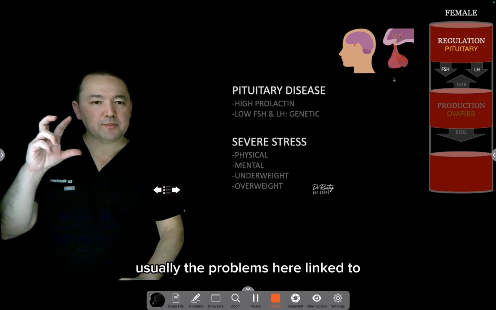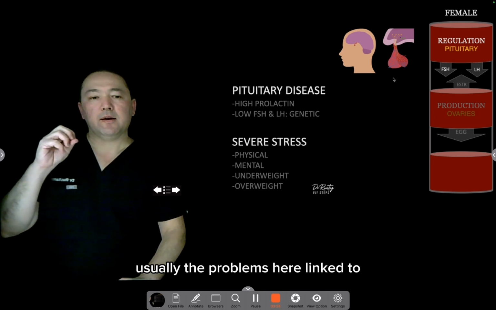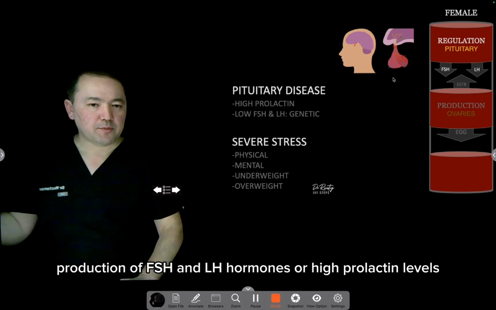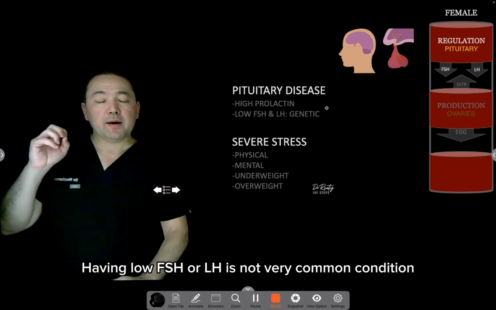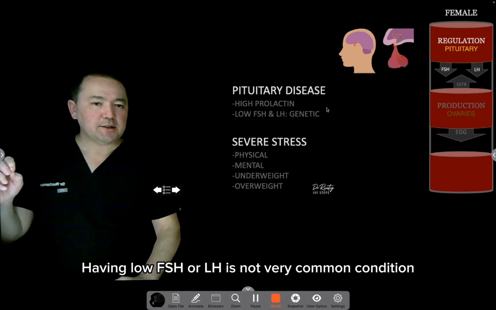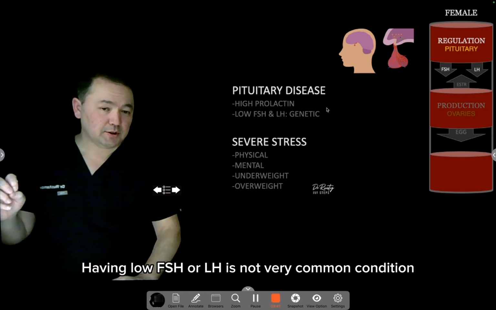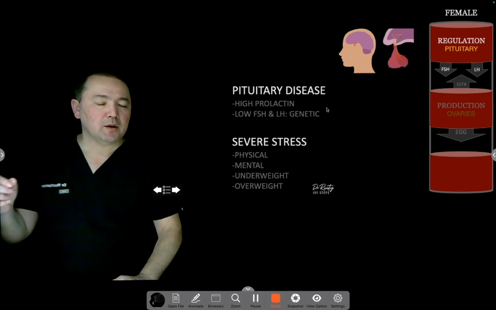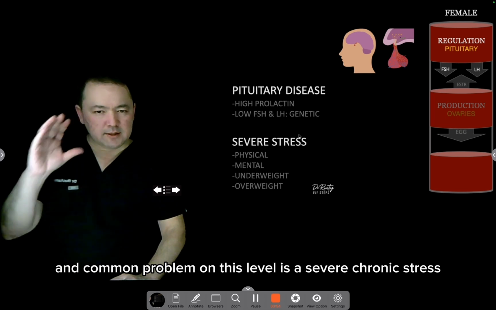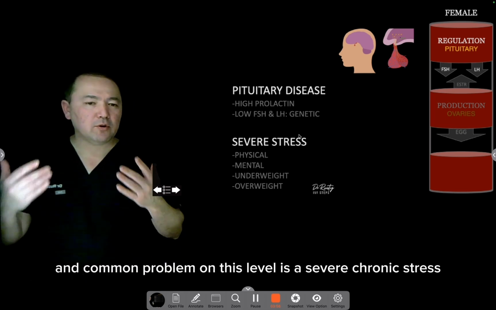Usually the problems here are linked to production of FSH and LH hormones or high prolactin levels, which is called hyperprolactinemia. Having low FSH or LH is not a very common condition. It's normally a genetic condition. It is very rare. A common problem on this level is severe chronic stress.